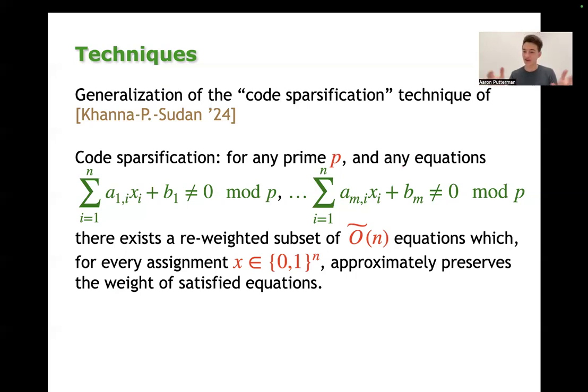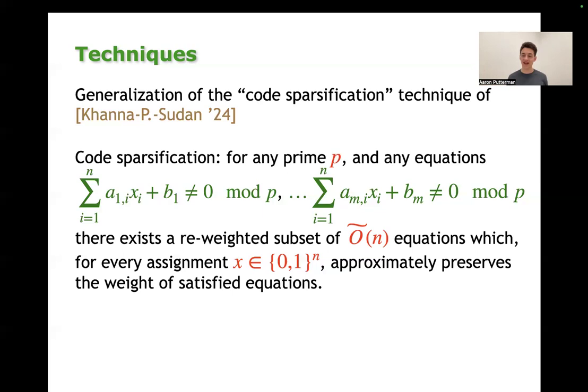The variables are just x1 through xn. Each equation can have its own coefficients. And all you're testing is, does this weighted sum equal 0 mod p, or does it not equal 0 mod p? When it does not equal 0, this is what we call the satisfying side of the constraint, and when it equals 0, this would be an unsatisfied version of the constraint.